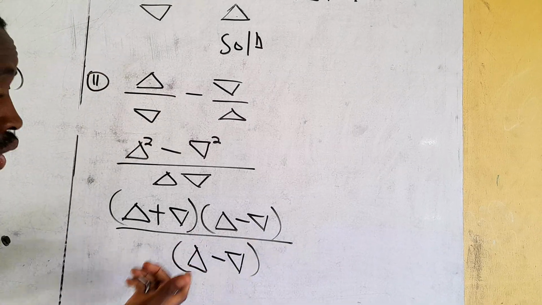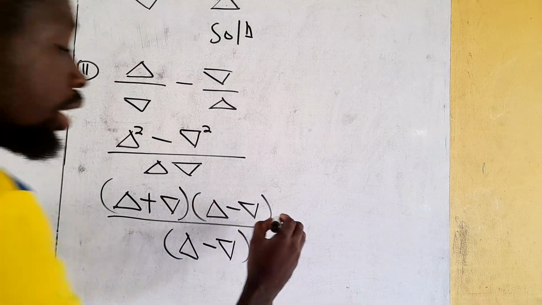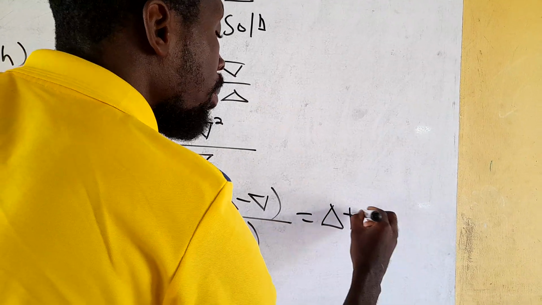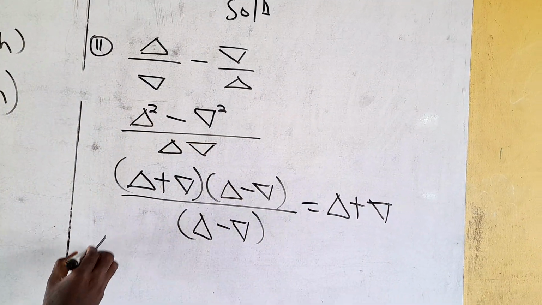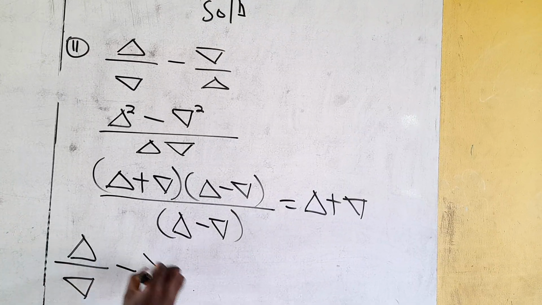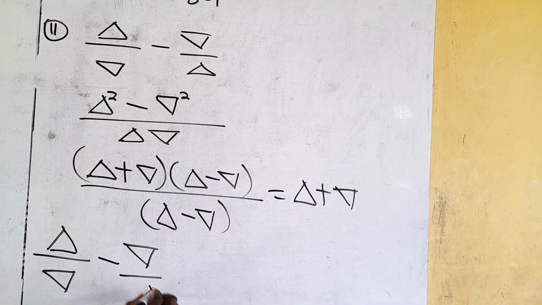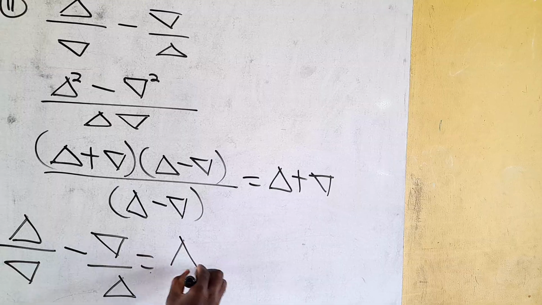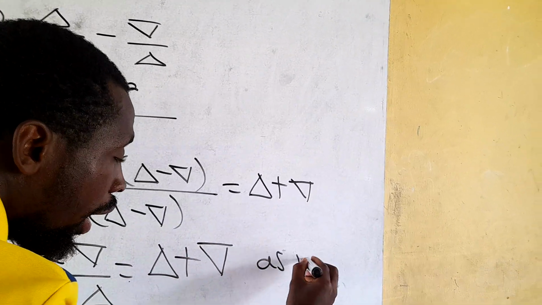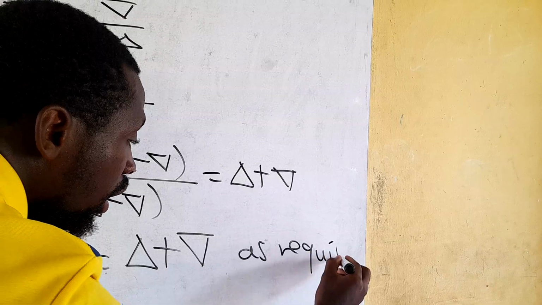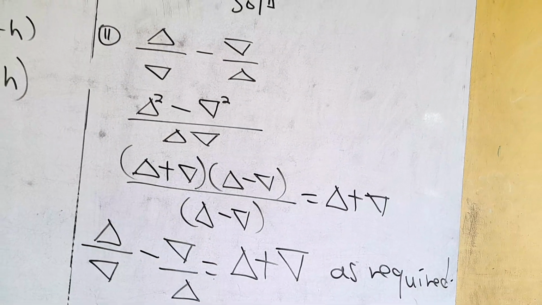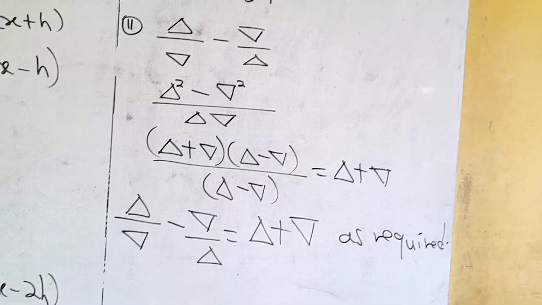So this will divide that. What is left is delta plus what? Nabla. So we can actually say that delta over nabla minus nabla over delta is actually delta plus nabla as required. This is very interesting. Very, very interesting. We'll solve more examples on this so that you'll be abreast with the concepts.